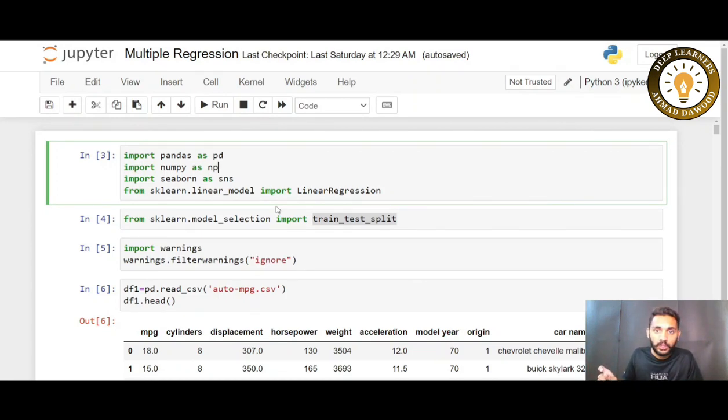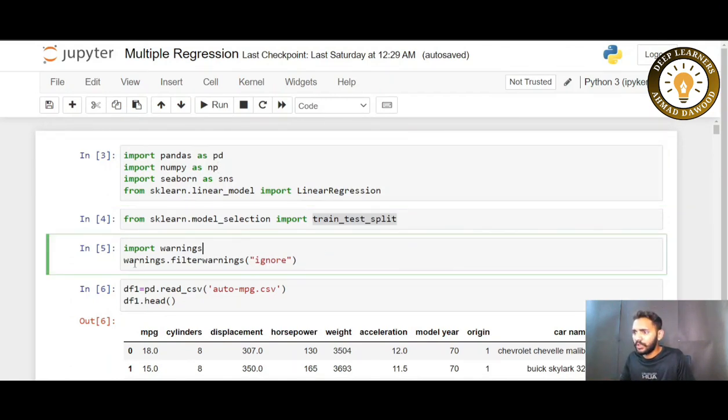I have shown you that if you extend the equation y equals mx plus c, which we converted into y equals theta 0 plus theta 1 x1, we can extend this equation up to n number of features or independent variables.